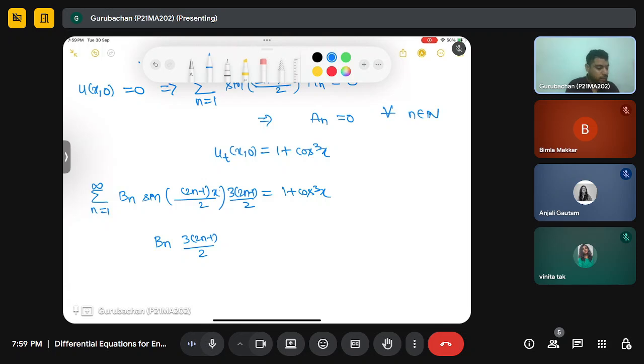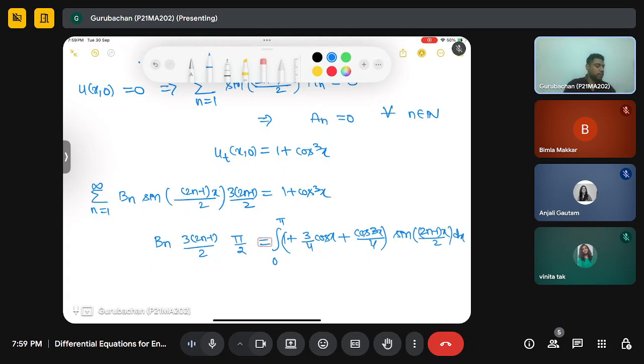This will give us the value pi by 2, and this will be the integration from 0 to pi of 1 plus (3 by 4 cos x plus cos 3x by 4) times sine (2n minus 1)x by 2 dx.